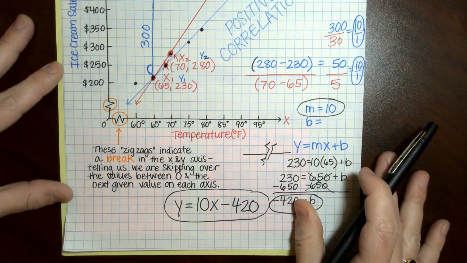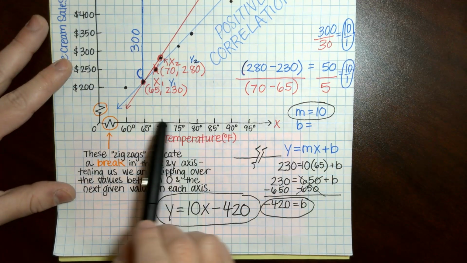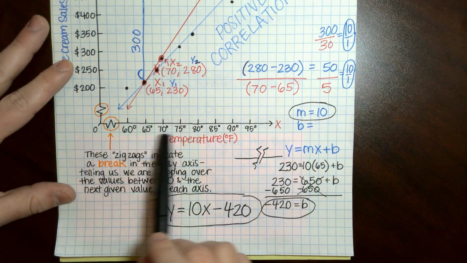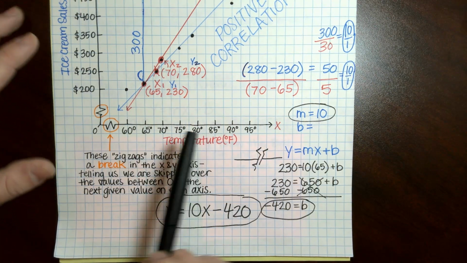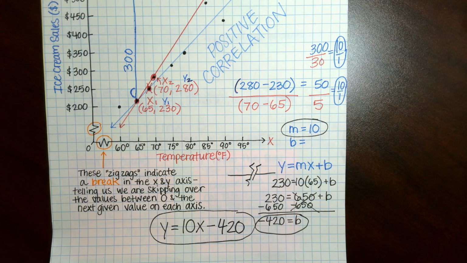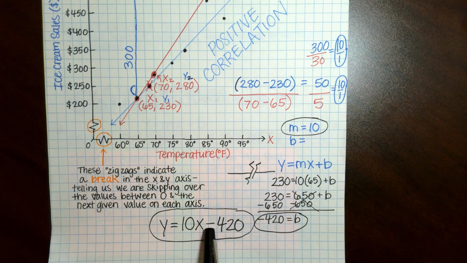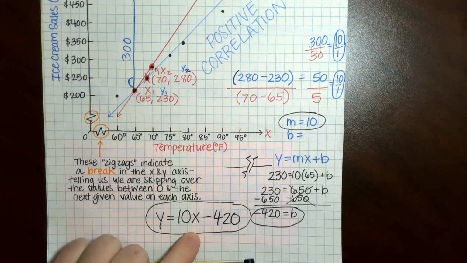So now let me ask you again, if I want to know what temperature it needs to be outside for us to make $0 in ice cream sales, how would I solve that? 0 equals 10x minus 420.